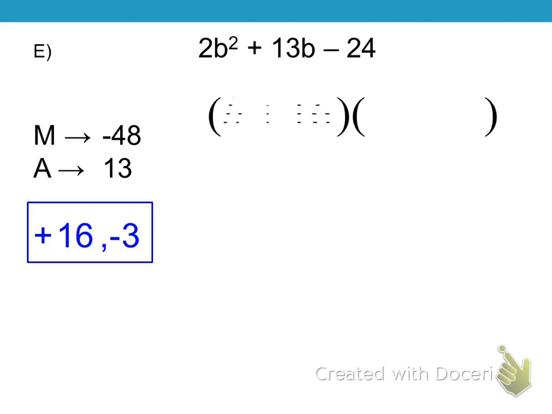Now we're going to write those in binomials. Here's where it gets a little different. Previously, we just thought, oh, we'll divide by 1. Nothing changes. We're done. That's not what happens here, because we don't have a lead coefficient of 1. We have a lead coefficient of 2.